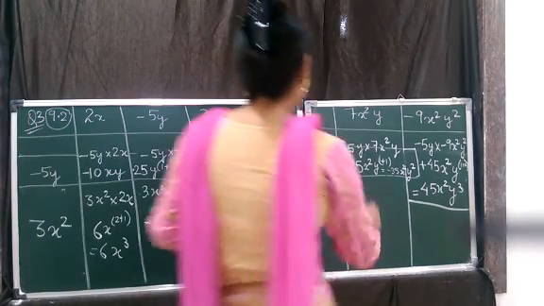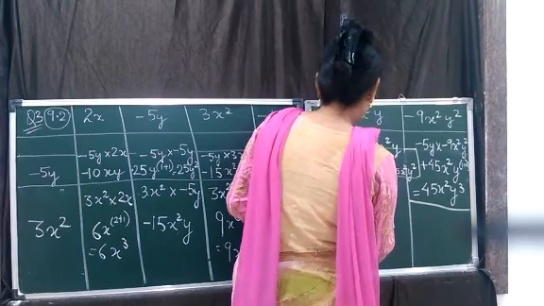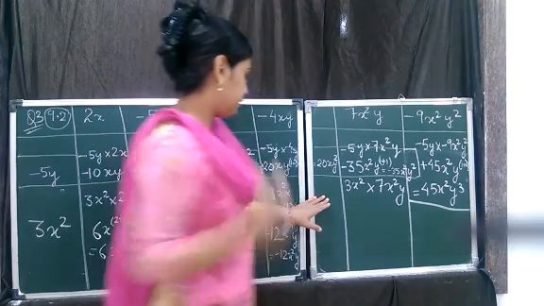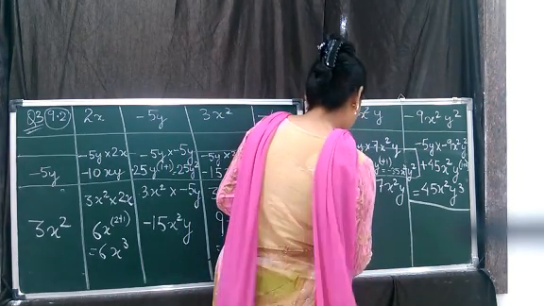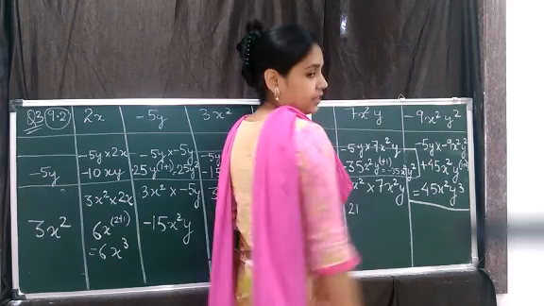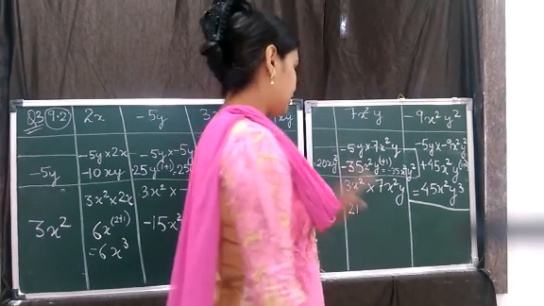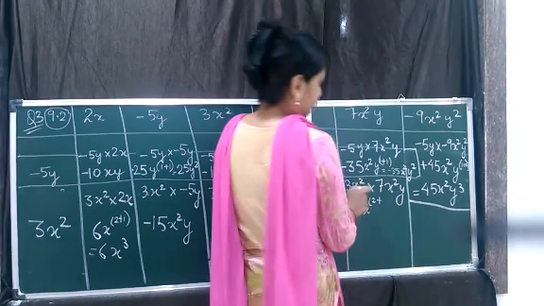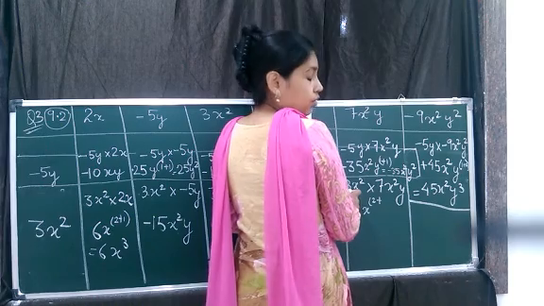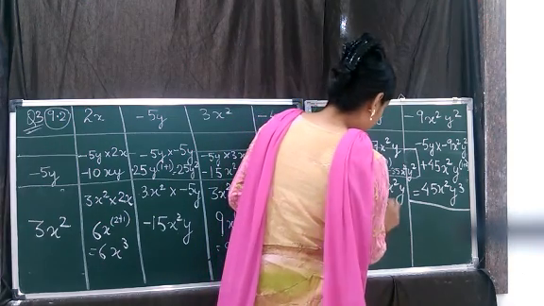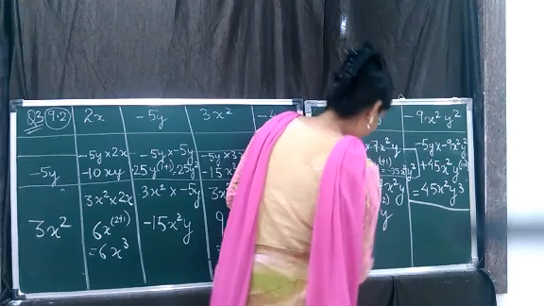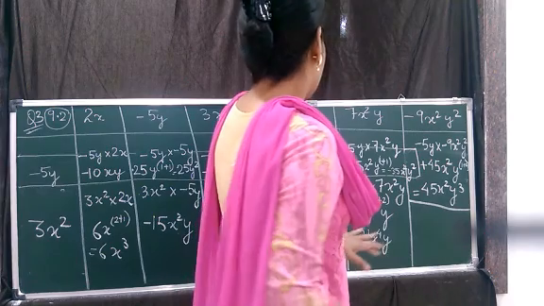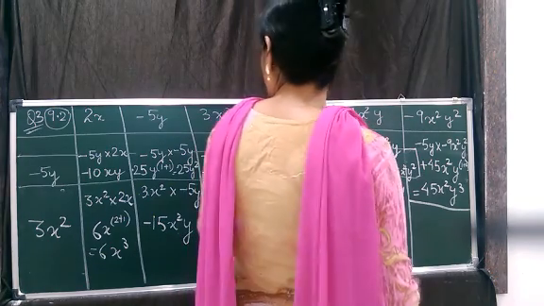Then we go to the fifth column. 3x square is multiplied by 7x square y. 3 7s gives you 21 and the power of x will be added and y will be written as y only. Why? Because in one monomial there is no variable as y. So y is not common but x is common. So 21x to the power 4 and y. So this completes the second last column.